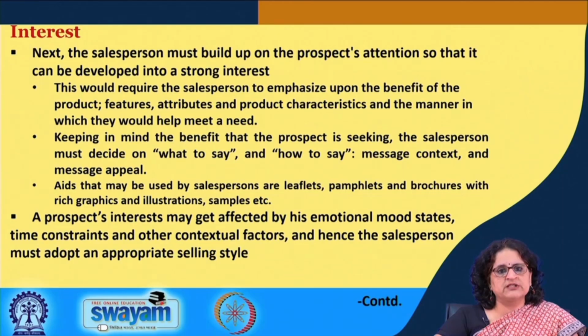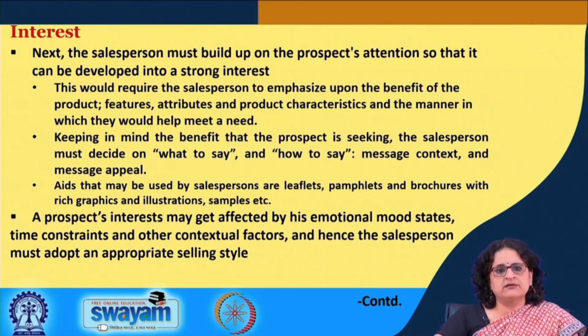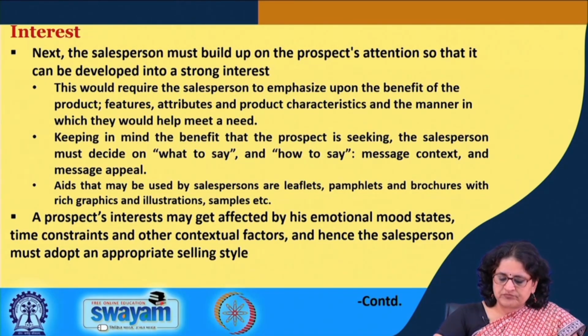So it's very important that the salesperson understands such characteristics which may affect the dyadic relationship to continue. And accordingly, once the salesperson understands these constraints and factors, he must adopt an appropriate selling style so that the buyer seller dyad can continue.